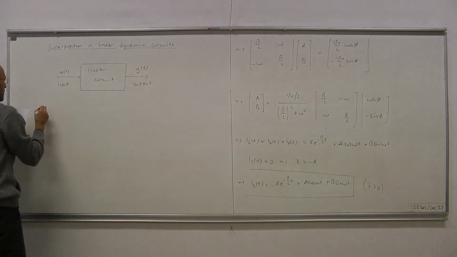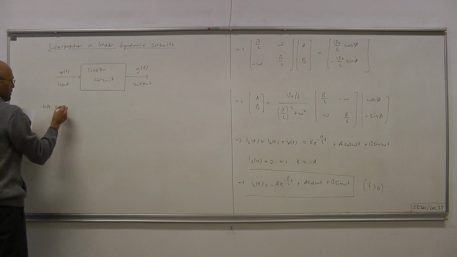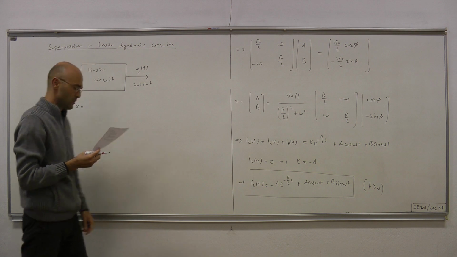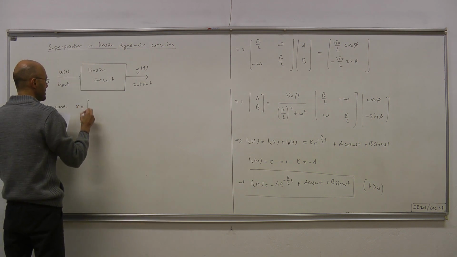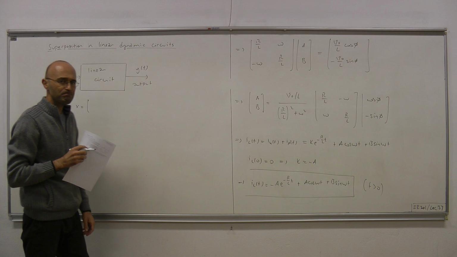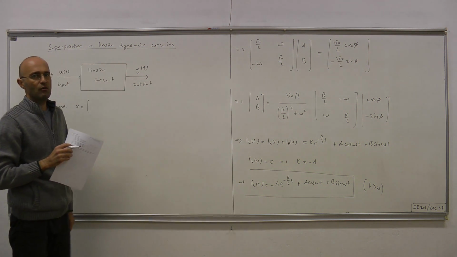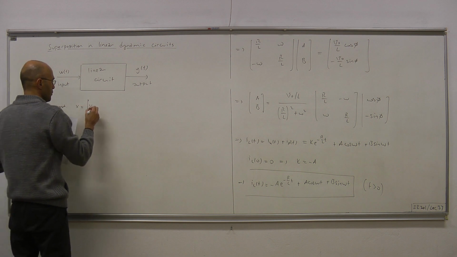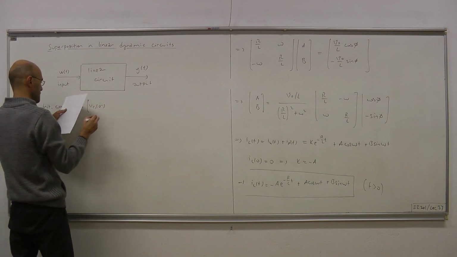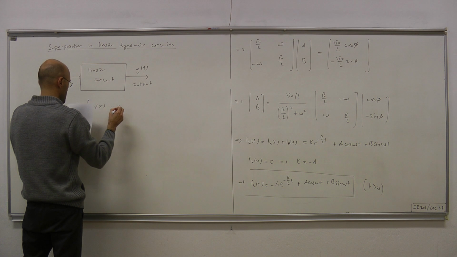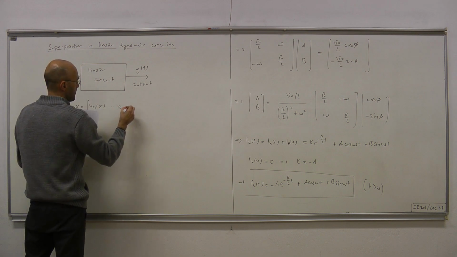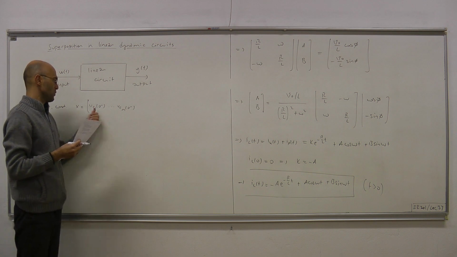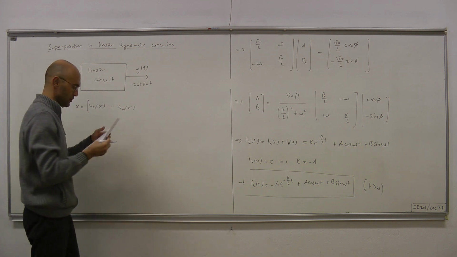Let's collect the initial conditions in a vector. We call it the initial condition vector. By initial conditions, we mean all the initial capacitor voltages and all the initial inductor currents. So V_C1(0-), ..., V_Cn(0-). Suppose that we have n capacitors, so that makes n initial capacitor voltages.